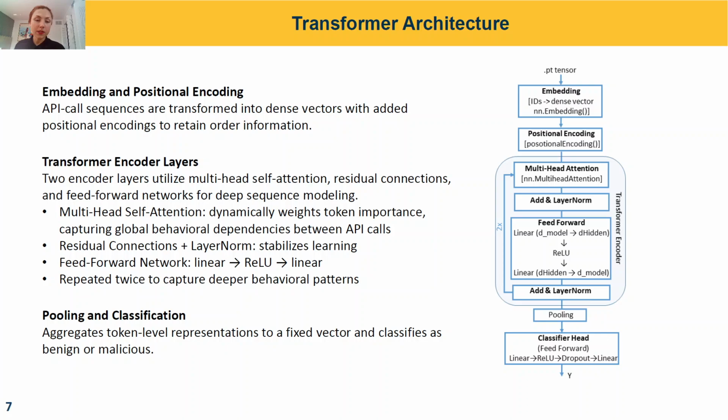Self-attention lets the model learn global behavioral relationships across an entire API call sequence. After the encoder layers, we use mean pooling to create a single representation, which feeds into a classification head that outputs benign or malicious labels.